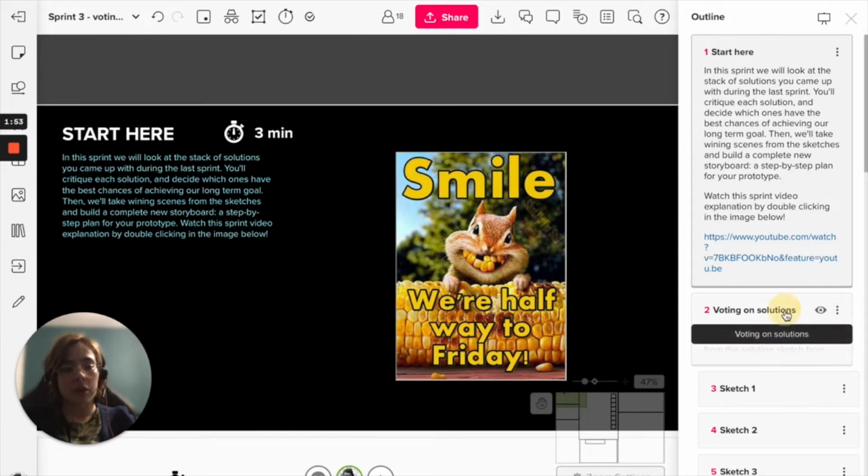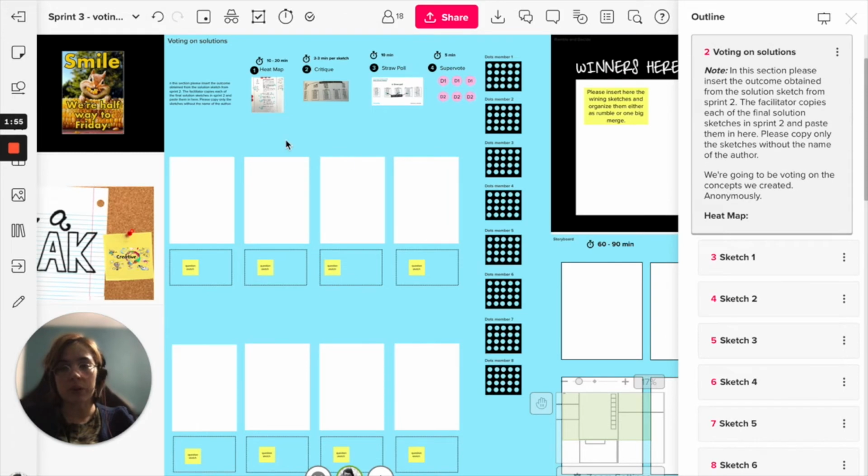So let's go to section number 2, voting on solutions. There are going to be 4 voting activities that you are going to complete with your team based on the solutions that you came up with during the last sprint. The first thing, and this is for the facilitator, is to copy the sketches from last sprint and paste them here.